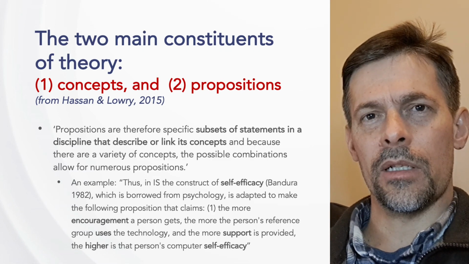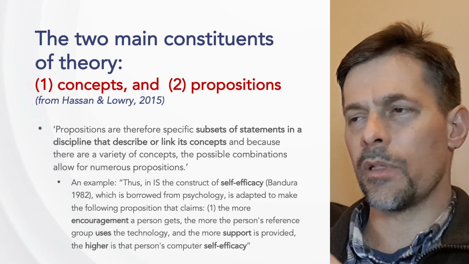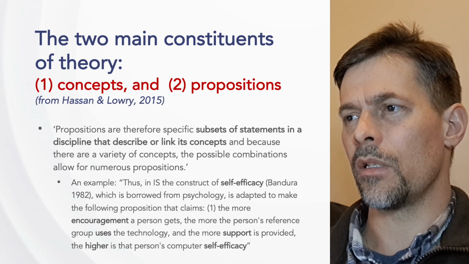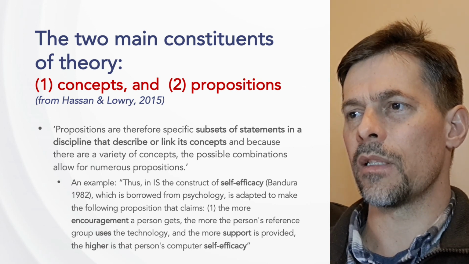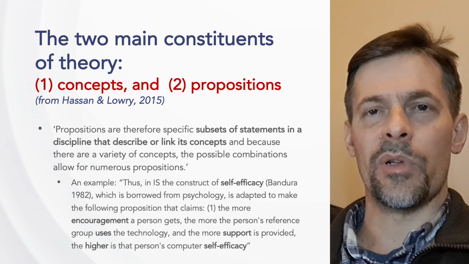For example, take this proposition: the more encouragement a person gets, the more a person's reference group uses the technology and the more support is provided, the higher that person's computer self-efficacy.